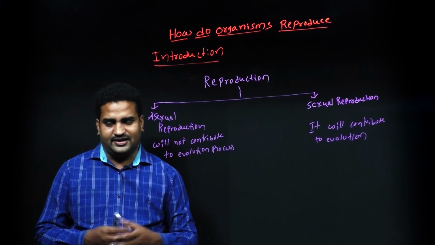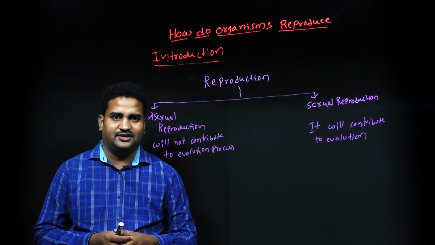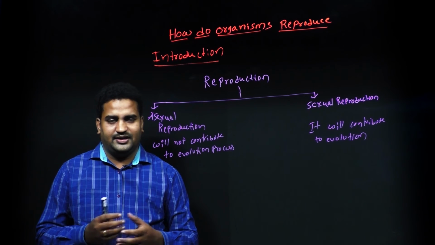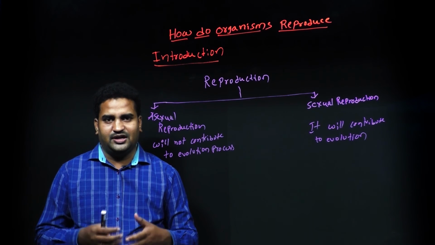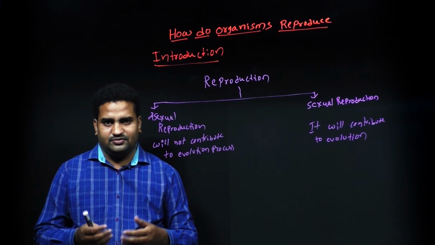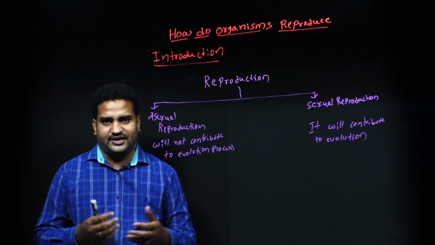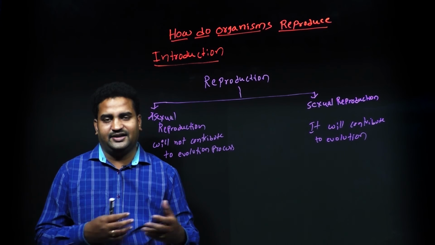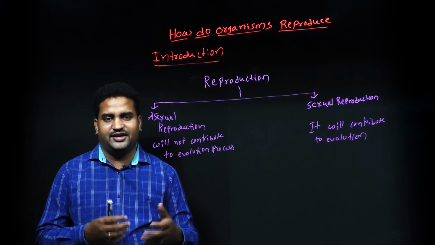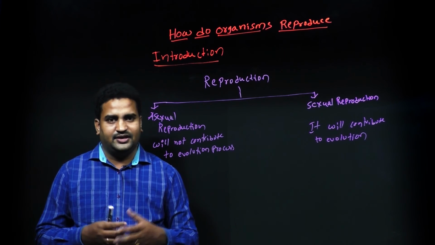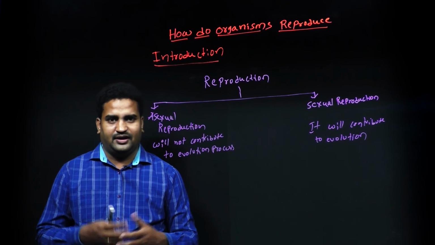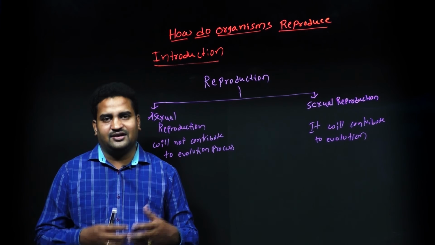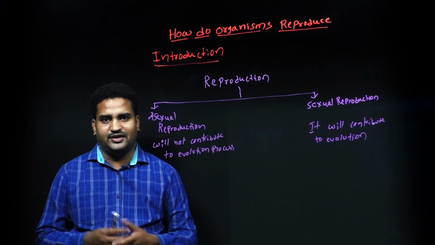Asexual reproduction will not show variations; it will show little variations, which are negligible. But sexual reproduction shows greater variations. These variations are important for the evolutionary process.